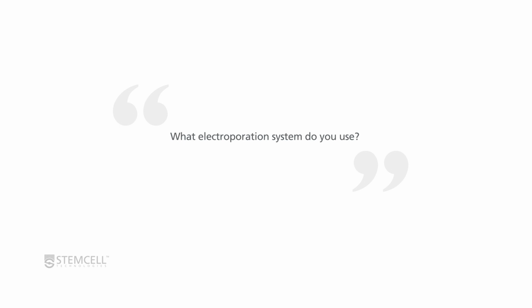In our technical bulletins on our website, we've outlined instructions for how to deliver the RNP complex with the Neon system. And you can contact me or our product and scientific support team to get instructions on how to perform delivery with the Lonza Nucleofector.